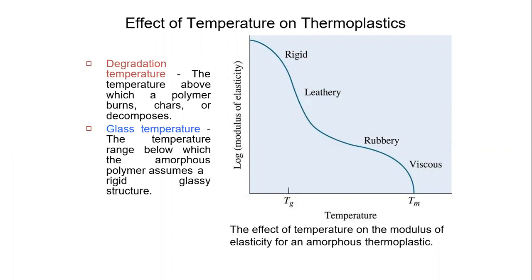Next one is the glass temperature. The temperature range below which amorphous polymers assume a rigid glassy structure is known as the glass temperature. These are the two types of temperatures that affect thermoplastics.